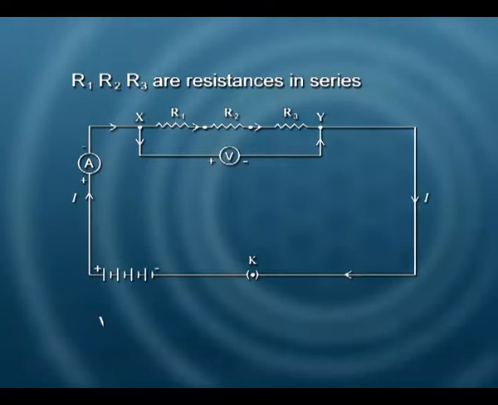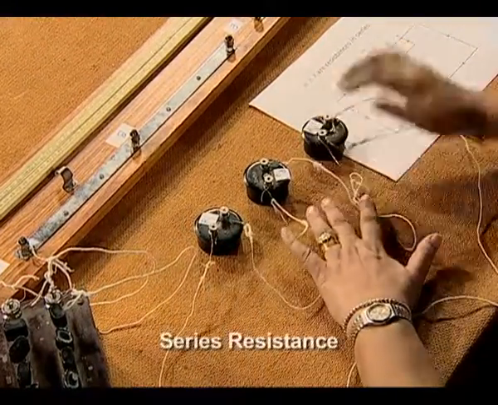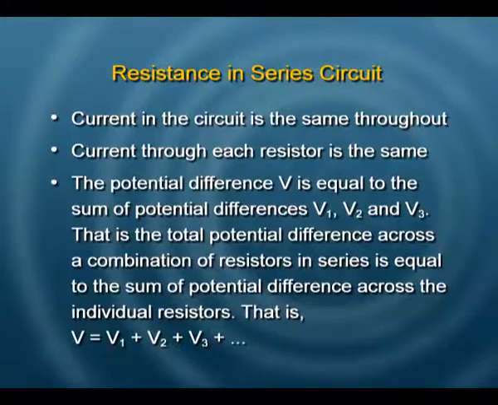So, the potential difference across R1 will be I, the current flowing in the circuit, multiplied by R1. The potential difference across R2 would be I multiplied by R2, and likewise we can calculate this. They should all add up to the potential difference across the 3 of them combined. This is for series resistance, and details of this you can see.